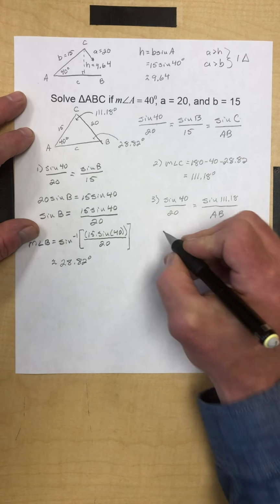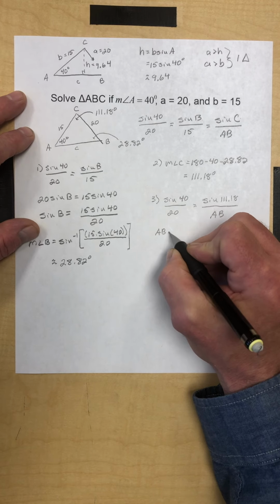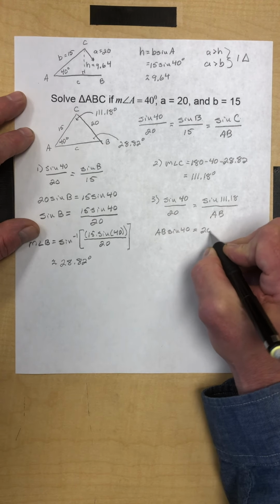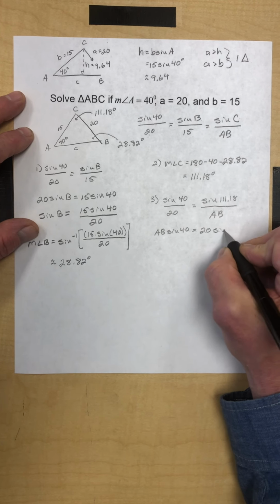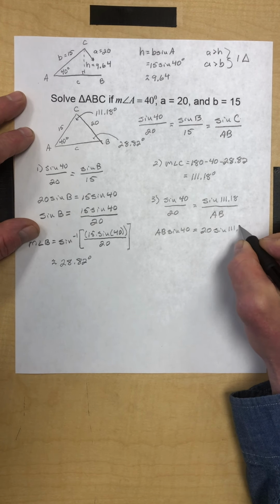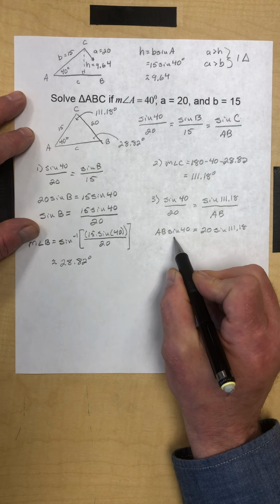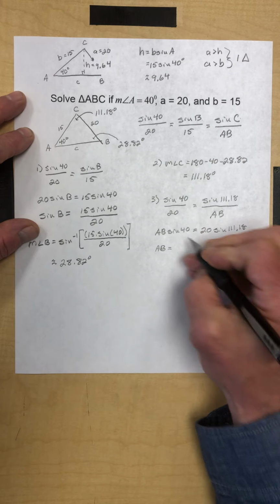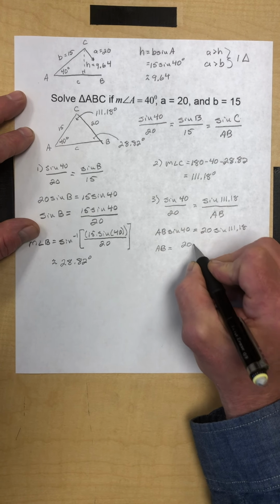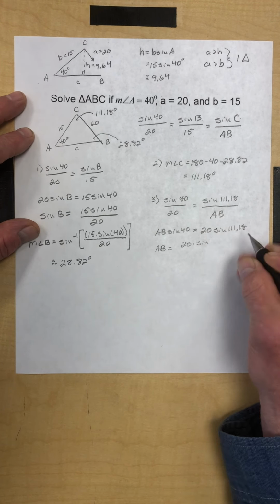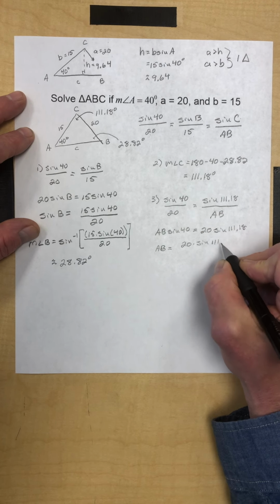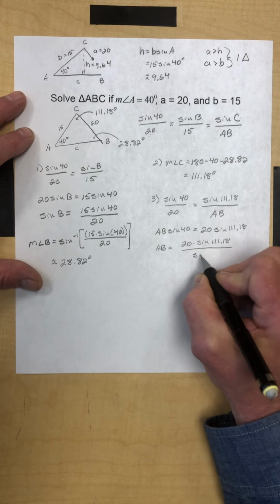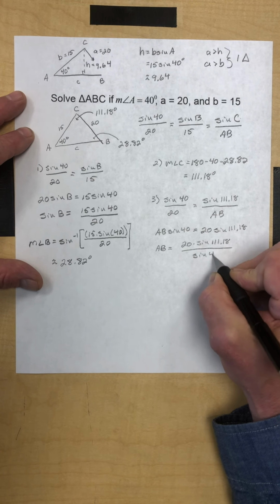Taking the cross products, we get AB times the sine of 40 equals 20 times the sine of 111.18, and then I would just have to divide by the sine of 40. So AB is 20 times the sine of 111.18 degrees, all divided by the sine of 40.